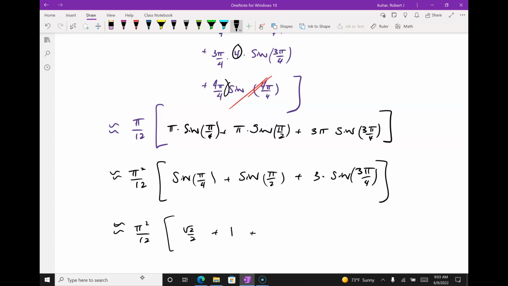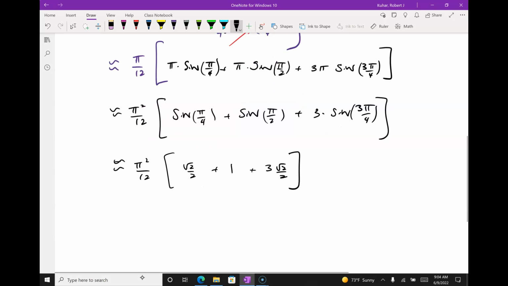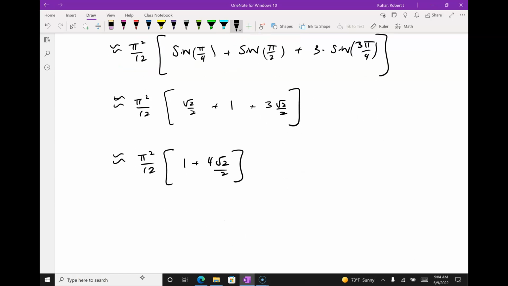And sine of 3 pi over 4 is also square root of 2 over 2. Yes. So I get 1 plus 4 square roots of 2 over 2, which is nice. You get 1 plus 2 rad 2, right? All times pi squared over 12.